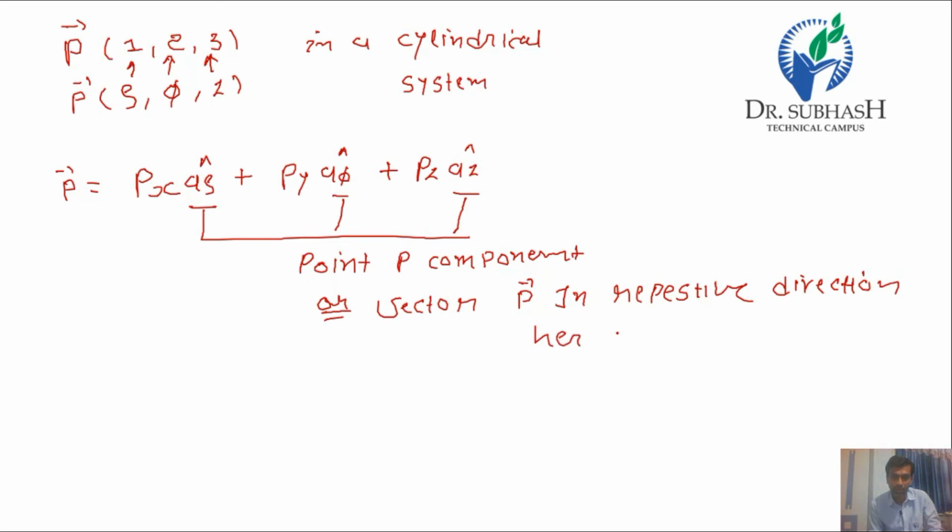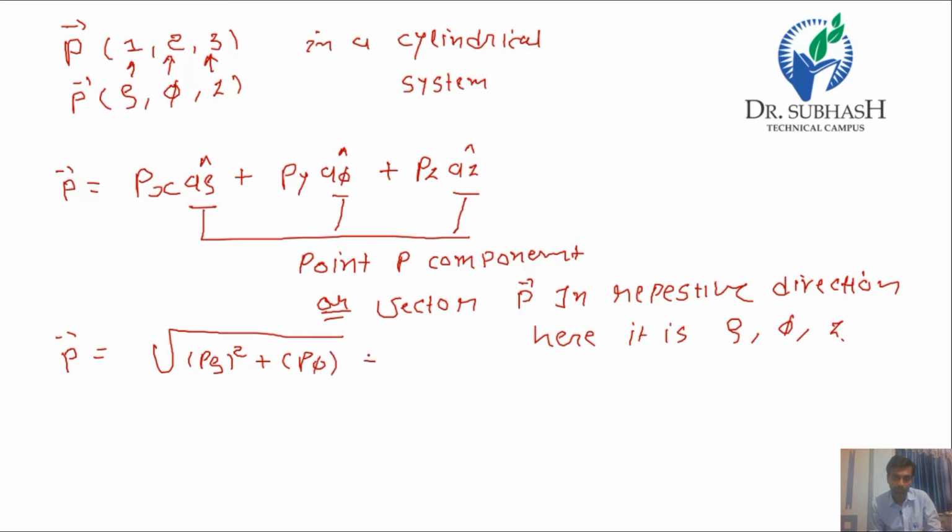Here it is rho, phi and z. Magnitude of P can be written as the square root of the algebraic sum of the squares of the components.